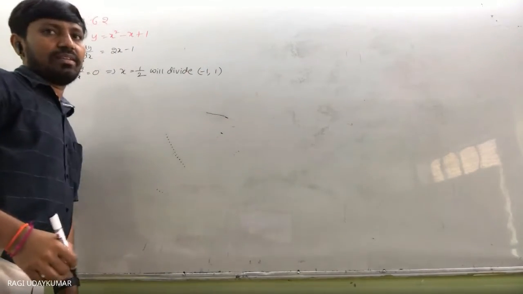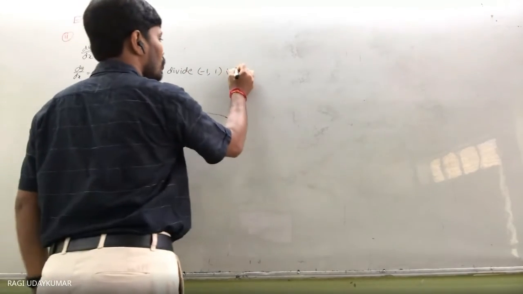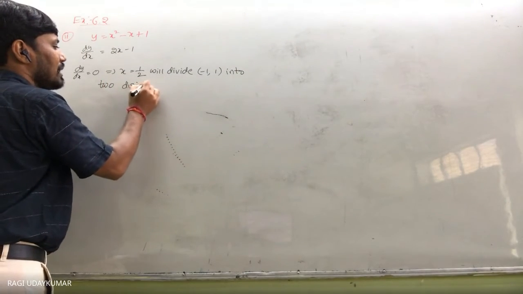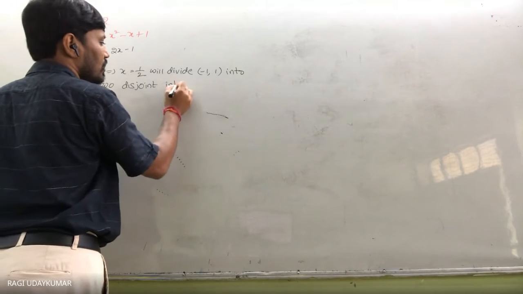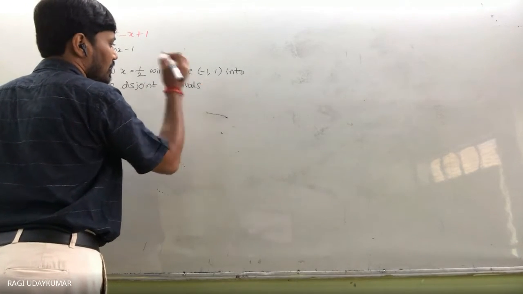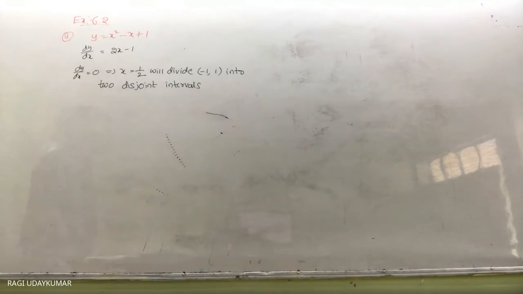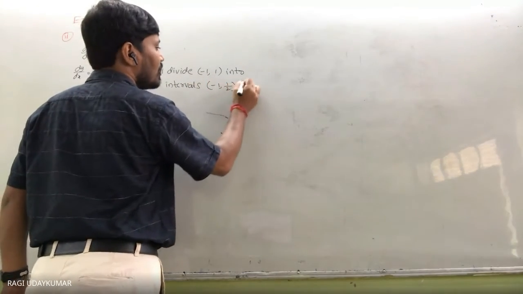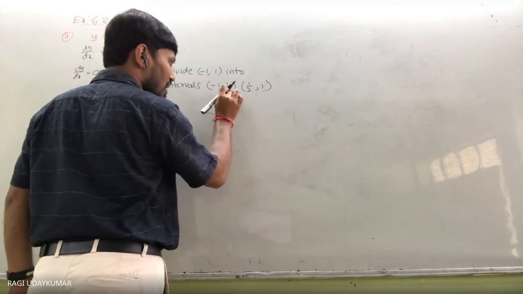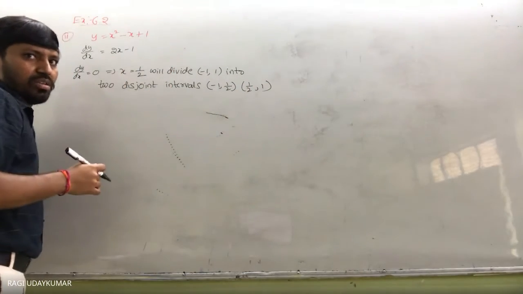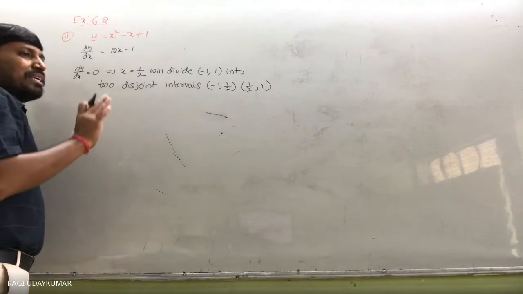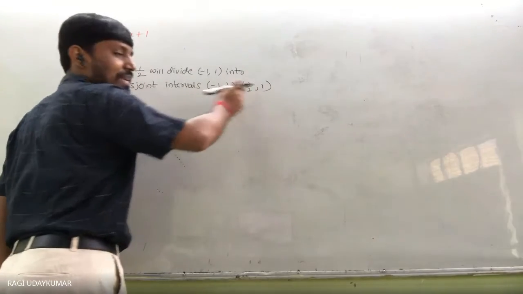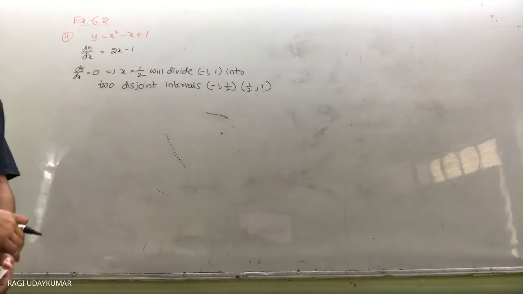Minus 1 to plus 1 is going to divide into 2 disjoint intervals: minus 1 to 1 by 2, and 1 by 2 to 1. Because at 1 by 2, dy by dx is 0, at that place the curve is turning. So in one interval it will be increasing, and in the other interval decreasing.